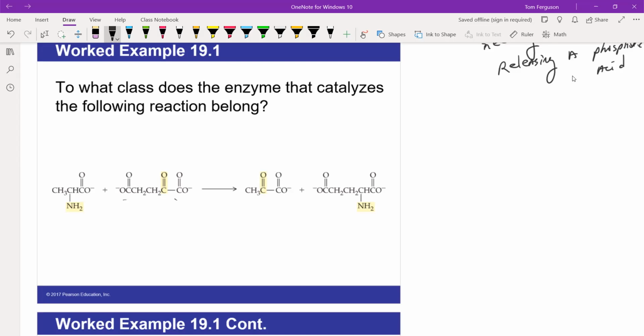And what we're going to do is, what change occurs in the product? Well, that amino group is transferred to that carbon there.